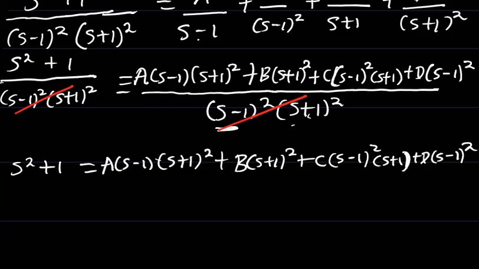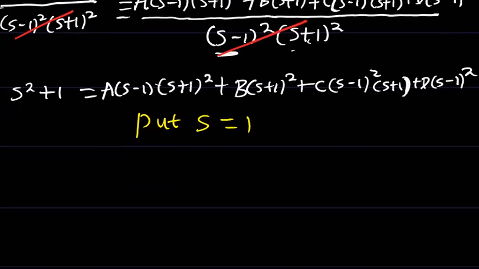So let's do that. Let me put x equal to 1. That way, a is gone, c is gone, of course d is gone, so I'm left with b.